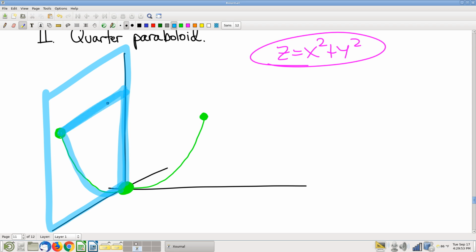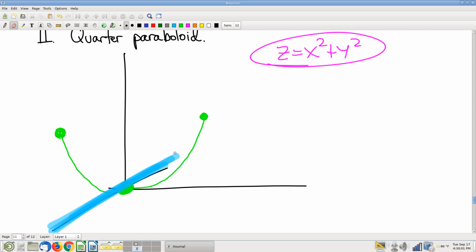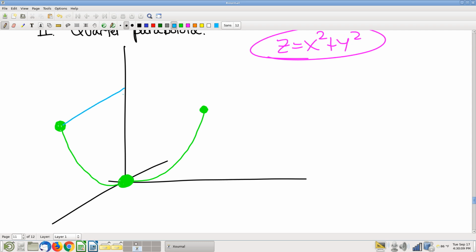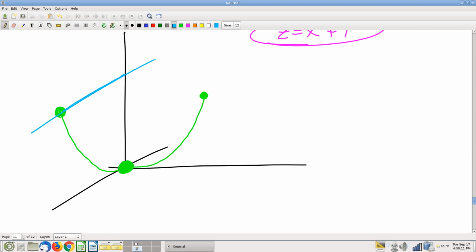This line here needs to be parallel to the x-axis. So let's draw it as such. And here we go. That's reasonably competent as being parallel to the x-axis there. Not perfect, it's pretty close.